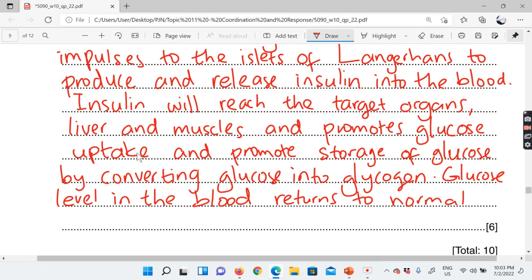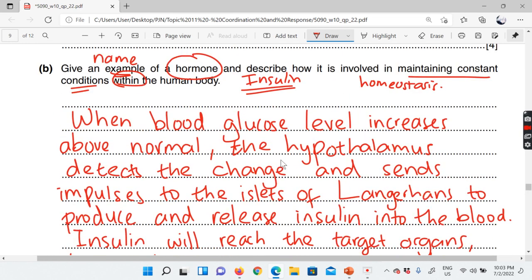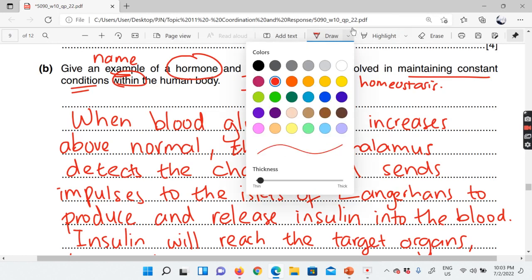And I'm just going to finish off by saying that homeostasis is achieved. So the main points here that you need to make sure to mention, so I'm not going to use a highlight, I'm going to use a blue color instead.